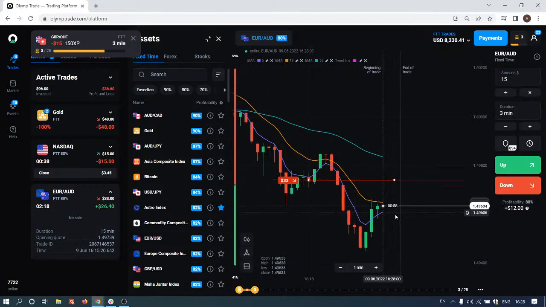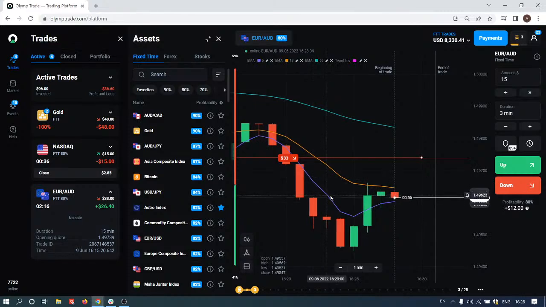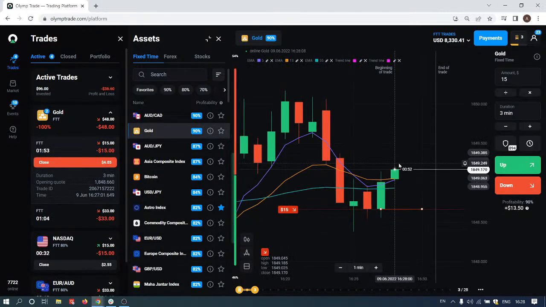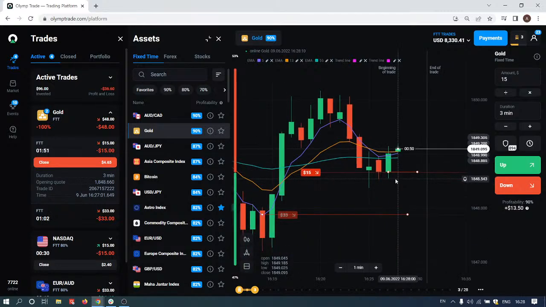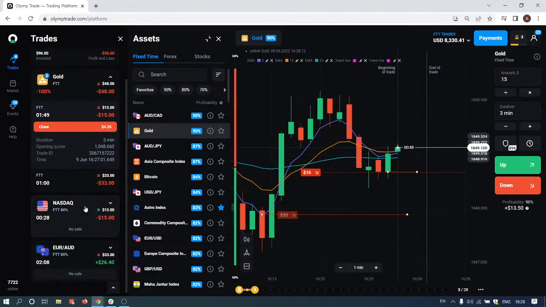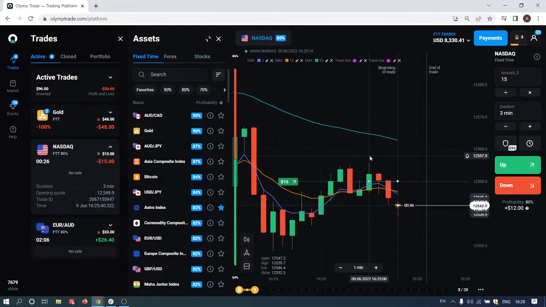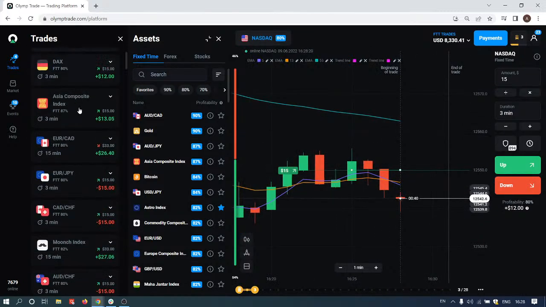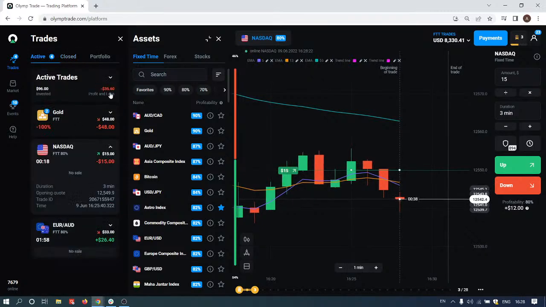In my opinion, trading within 1 minute is more or less trading within market noise. You don't really get this statistical advantage over the market. In my personal opinion, these short trades, like 1 minute trades, are very dangerous.